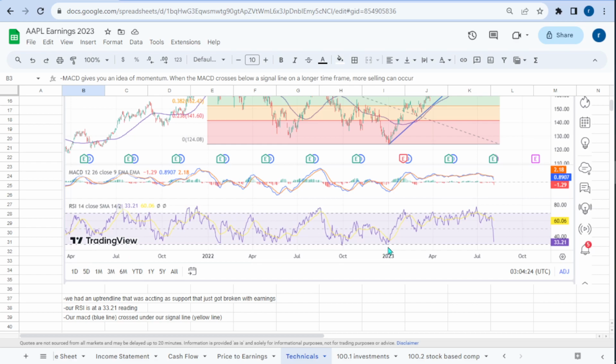Right when this hits around 30, it kind of rebounds, and then you see this overbought period. But we've kind of been in this overextended period for a while now. So maybe it's entirely possible that we start staying in this lower RSI region, kind of like we did right here. You can see that it never really got up to those highs for quite a while. So we could just be in another slump like this.